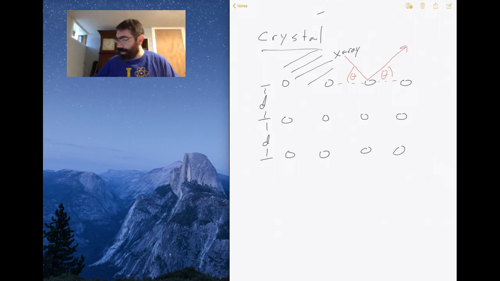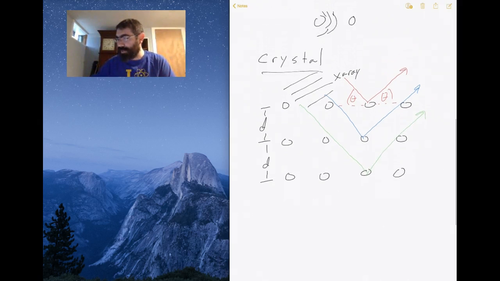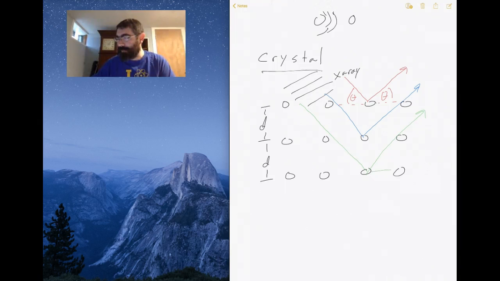And then we'll have another wave of light come in this way, hit this atom and reflect back. I could have another one, change of colors. Light comes in, hits here, reflects back. All of these are at this angle theta, because everything is periodic.